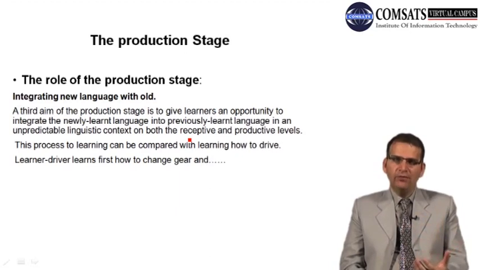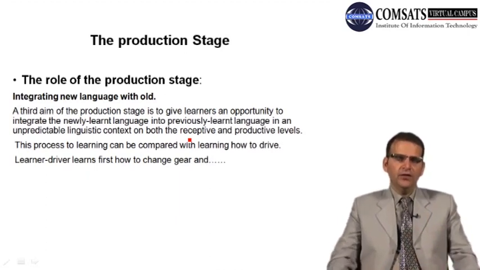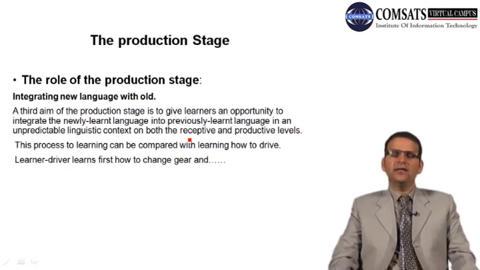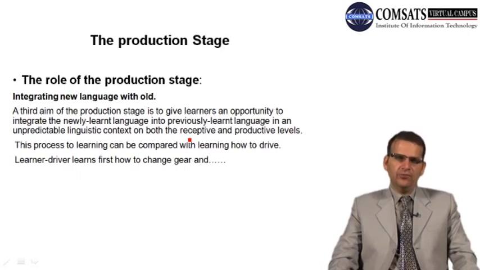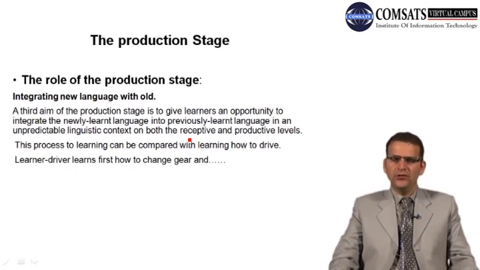This is also the third aim of this stage: to give learners an opportunity to integrate the newly learned language into the previously learned language in an unpredictable linguistic context, on both the receptive and productive levels. For example, you talked about the second conditional: if you worked hard, you would qualify. Now, this is the second condition, right? People also call it the improbable condition.